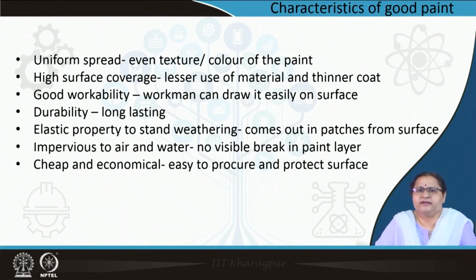So, it is very important to remember that you have to have a protective surface which should also be cheap and economical for people to buy and use, because that is a protector. This layer is a protective coating for the entire building from any kind of damages which we discussed just in my previous slide.